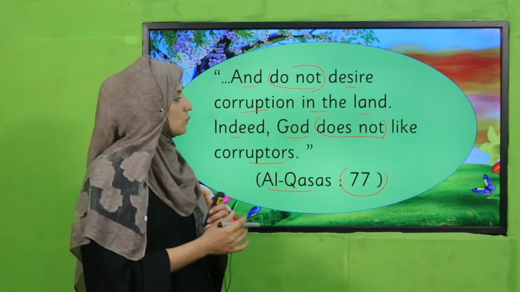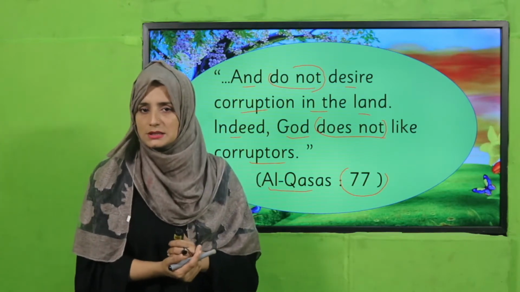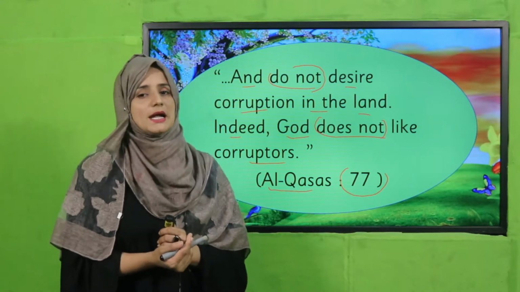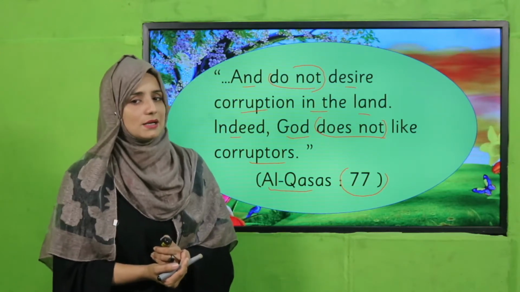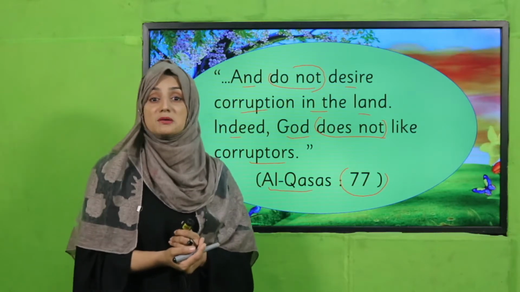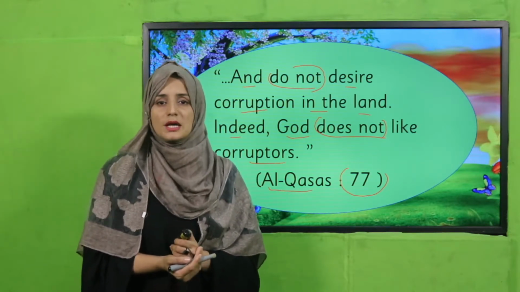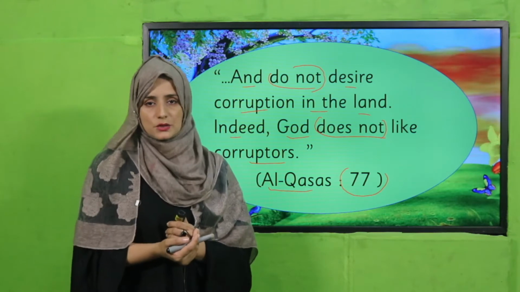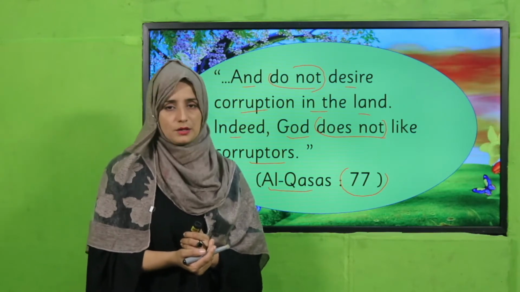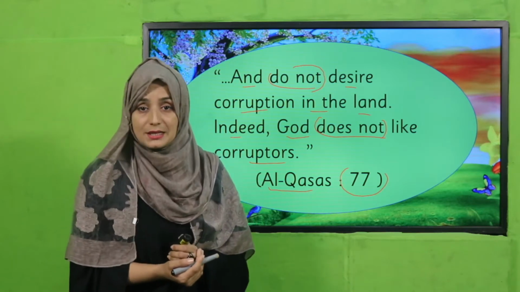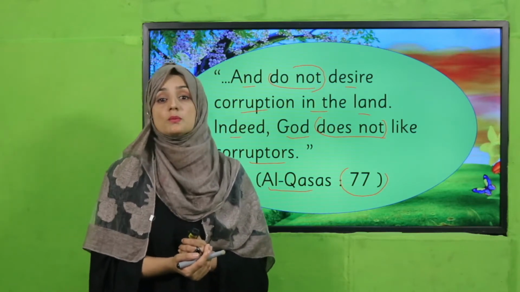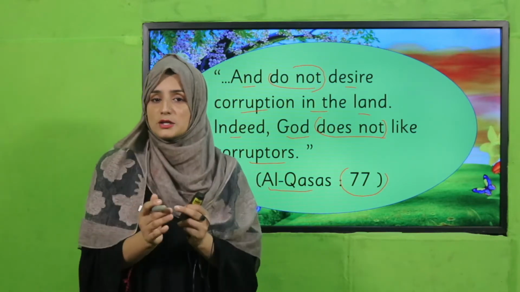Allah Almighty is giving us the order that we must be honest in all our deeds because Allah Almighty does not like corruptors. Corruptors means dishonest people who deceive others. Such people are called corruptors and Allah Almighty does not like them at all. Let's pray that Allah Almighty blesses us so that we stay on our right path. Ameen.